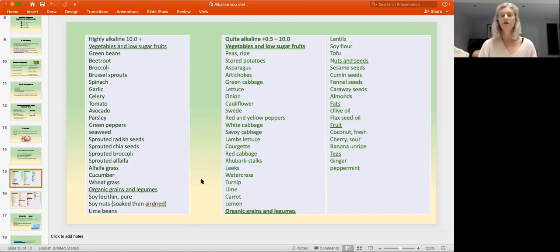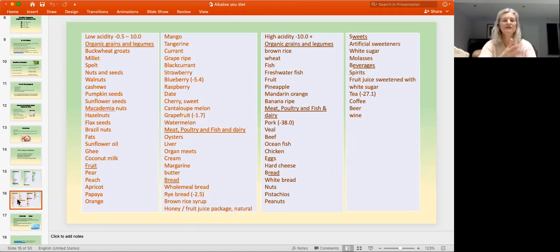Almonds are the only nut that sit into that category, and then some of the fats. And then fruit, you'll see there's unripe bananas on there, fresh coconut, and then some of the herbal teas. Obviously it's not an exhaustive list, but I think it probably gives you an idea of the types of foods that are more alkaline.